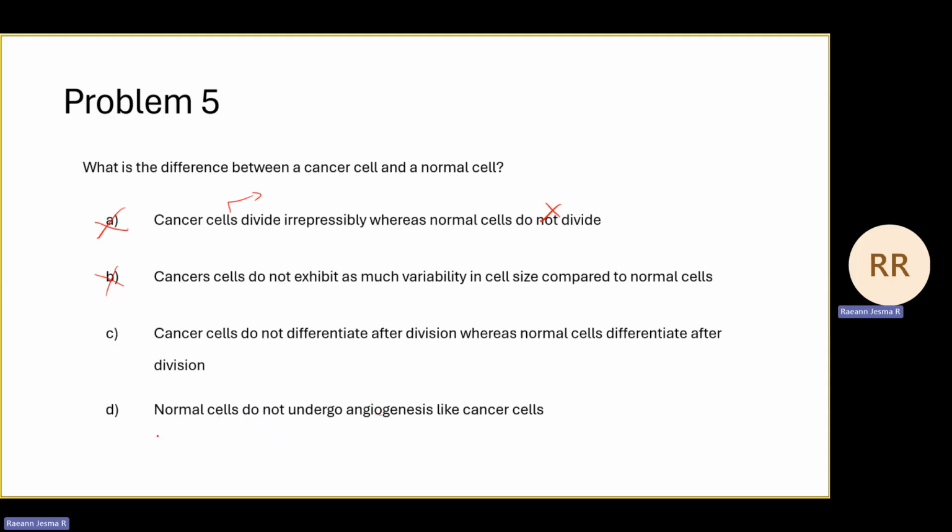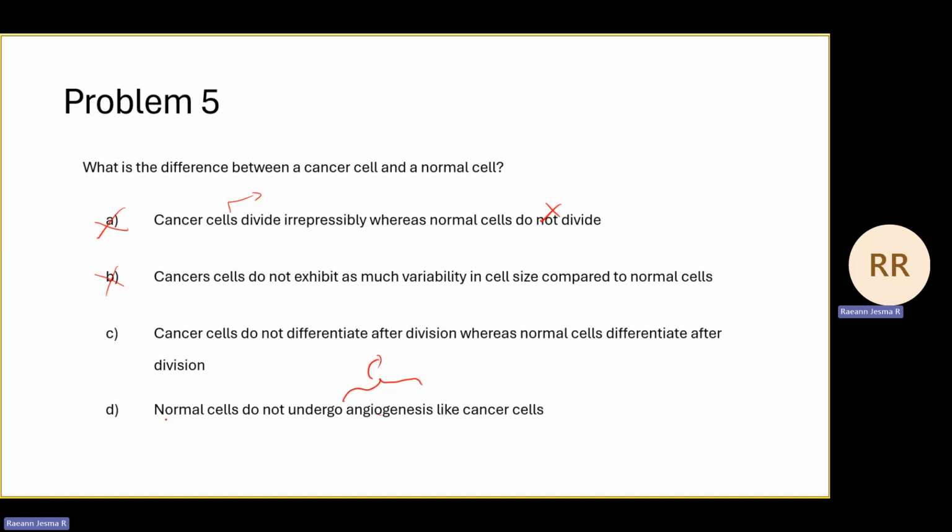So now let us look at option D. In option D, it is mentioned that normal cells do not undergo angiogenesis like cancer cells. So what is angiogenesis? Angiogenesis is the process by which new capillaries are formed from pre-existing blood vessels. This process plays a very important role in wound healing as well.